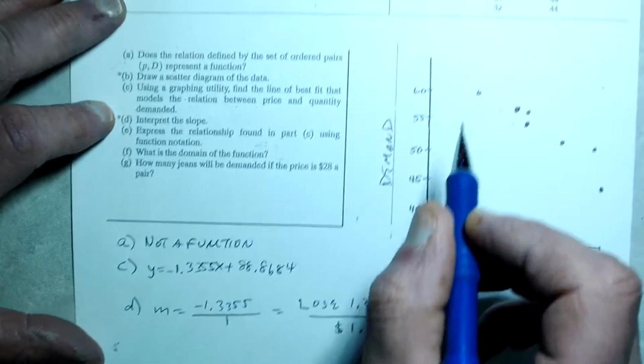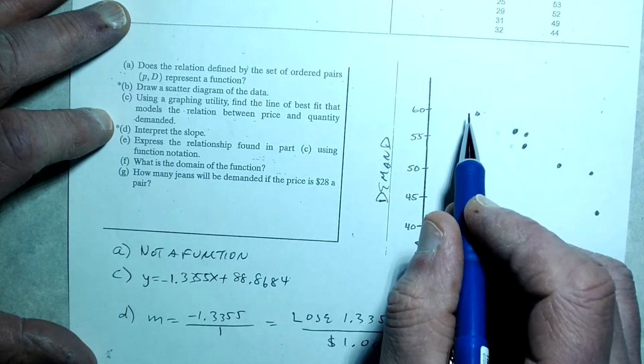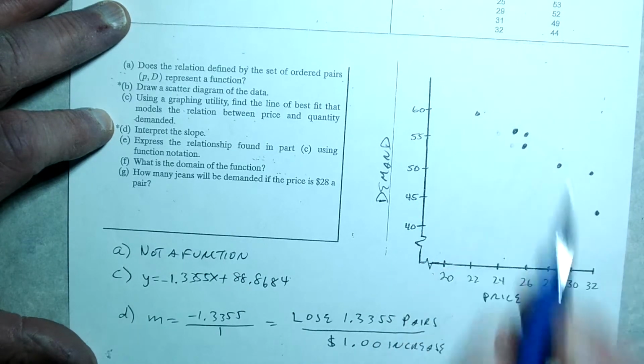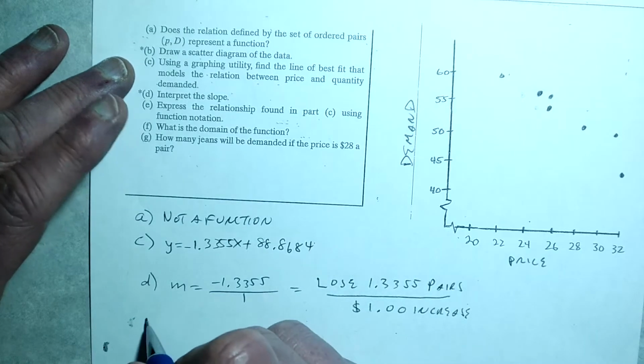And you can see what's happening as it goes down here, right? Every time I go over $1, I'm really losing some demand, which makes practical sense from a standpoint of just, when people see a higher price, they're going to tend to buy less, right? Okay, so we go ahead here to E.